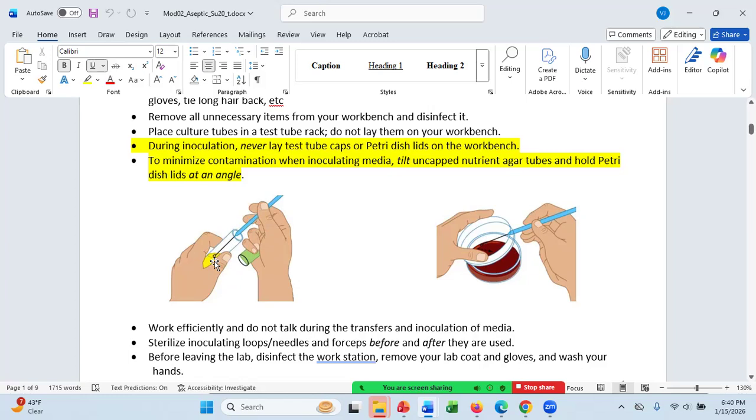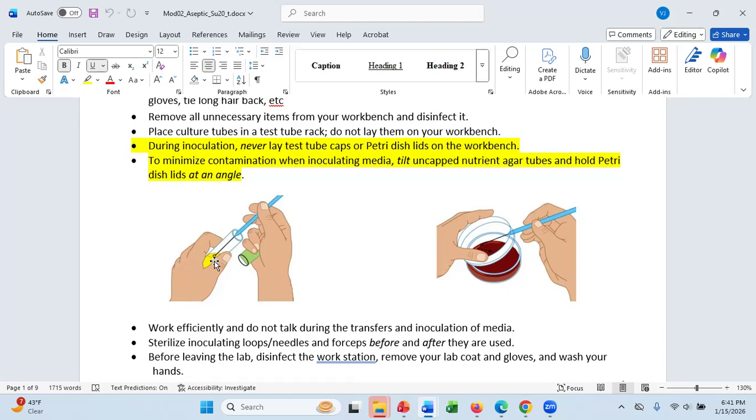The other reason is when you're holding it at an angle, let me try and demonstrate a little bit. Can you see this? Anyone? Well, hopefully you can see this. I can see your cup. Yeah, the cup at an angle. Pretend it's a tube because I don't have a tube, and pretend this is a loop because I don't have a loop.